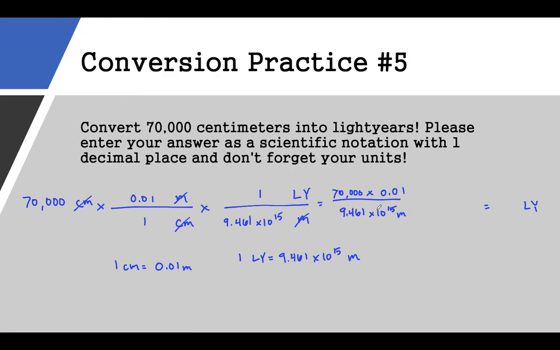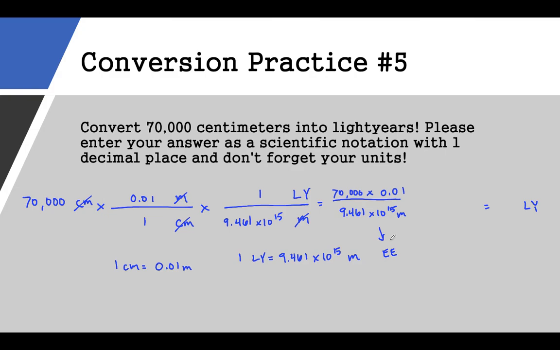Now, again, to plug this scientific notation into your calculator, use your EE, your exponential function here for the times 10. So I am going to do 70,000 times 0.01 equals 700 divided by 9.461 E 15 equals.